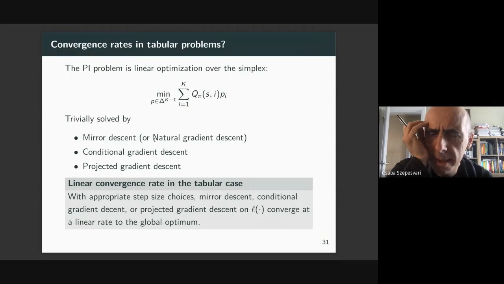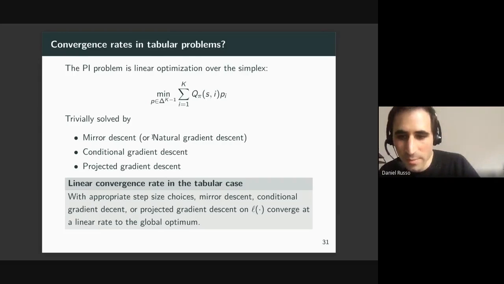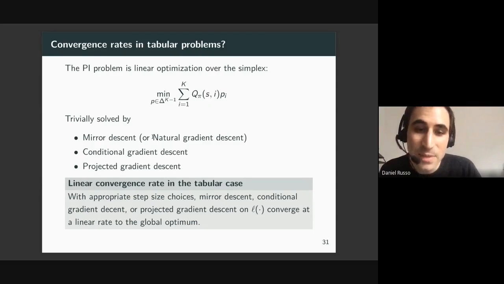Is it the same thing as what is in Alex's paper? They point that out, but that's for the softmax parameterization. So what they've pointed out is that with the softmax parameterization, natural gradient descent is the same as mirror descent.